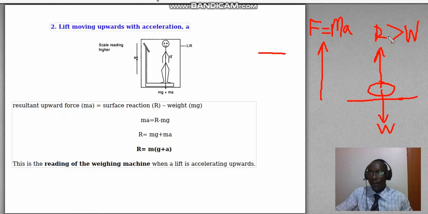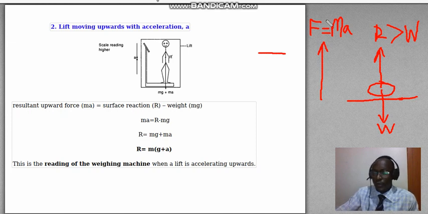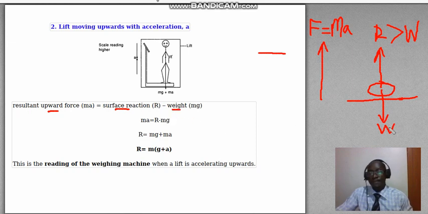We have the weight, we have the reaction, and there is a net upward force. If we relate the three, we are going to find that the net upward force is equal to the surface reaction. These two are in the same direction, so we take them as positive. Then minus the weight, which is in the opposite direction.